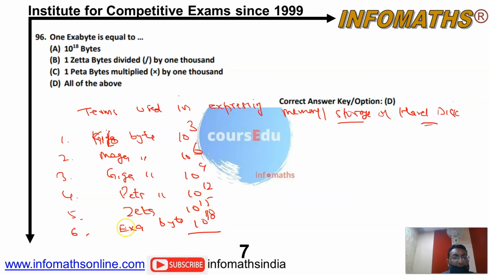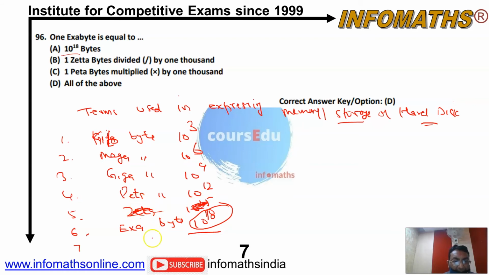So now, all these terms are very accurate terms. We have a few more terms that may be used in future reference. Now what they have asked is about the exabyte. Now exabyte is equal to 10 raised to power 18.